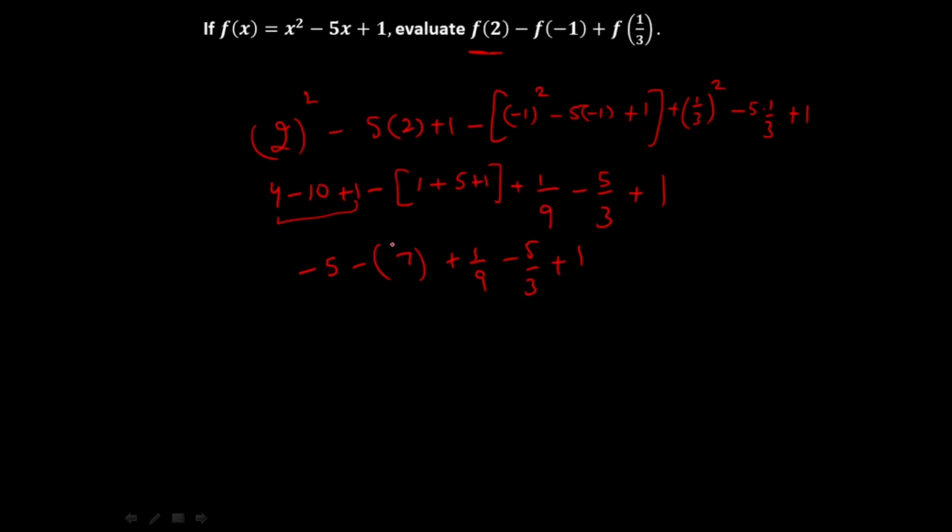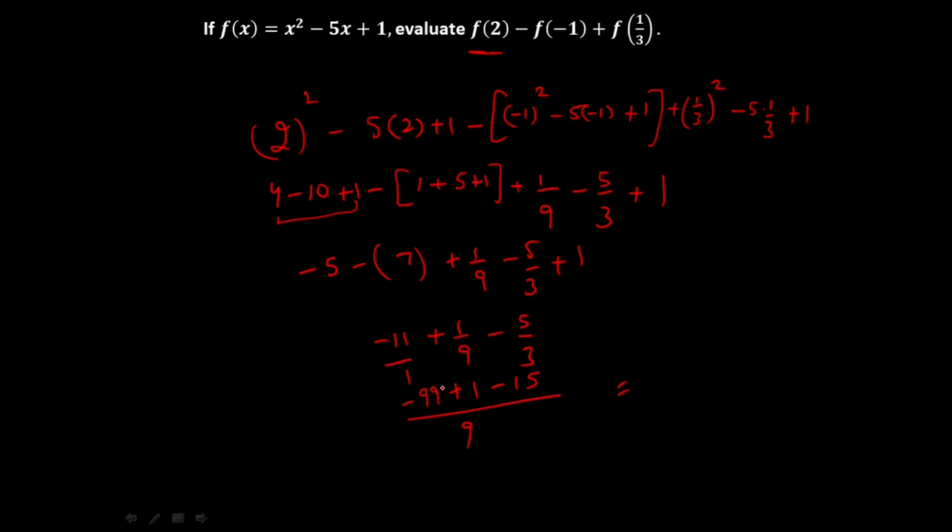Now this value becomes minus 12 plus 1, minus 11, plus 1 over 9 negative 5 by 3. Take LCM here. 9 minus 99 plus 1 minus 15. Just simplify.